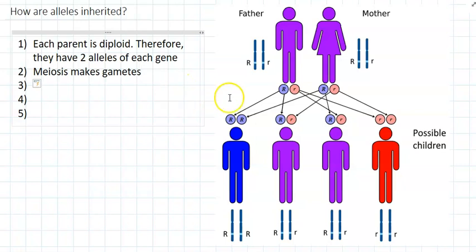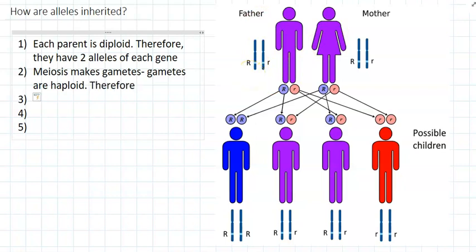So in males, it's the testes which make sperm, and in females, it's the ovaries that make eggs. And remember that gametes are haploid, like I said. And haploid means those cells only have 1 copy of every chromosome. So they've only got 23 chromosomes instead of 46, like our diploid cells, like all our other body cells.